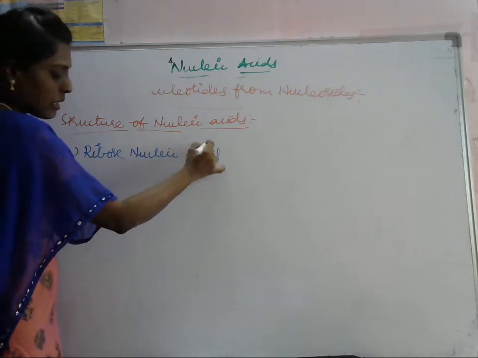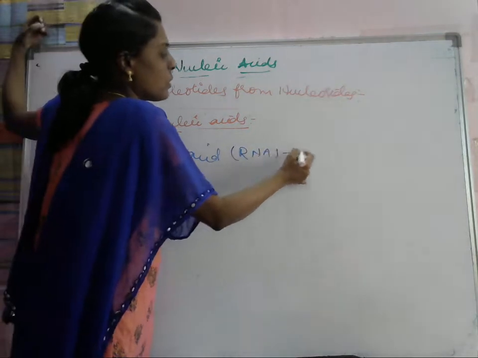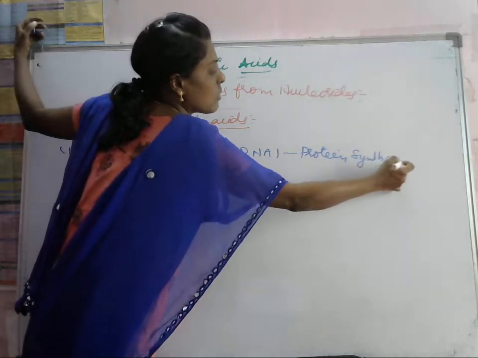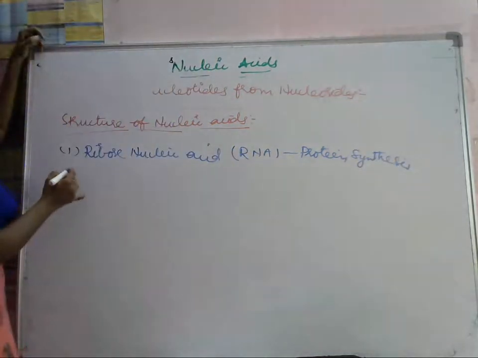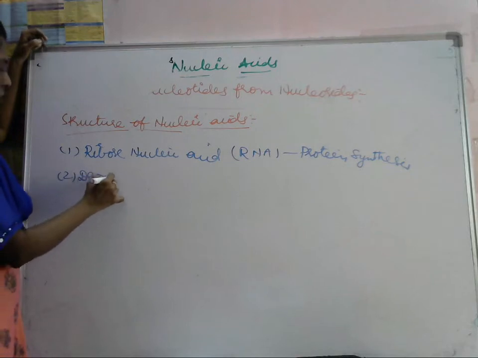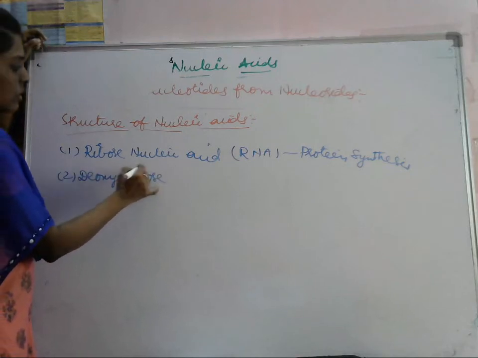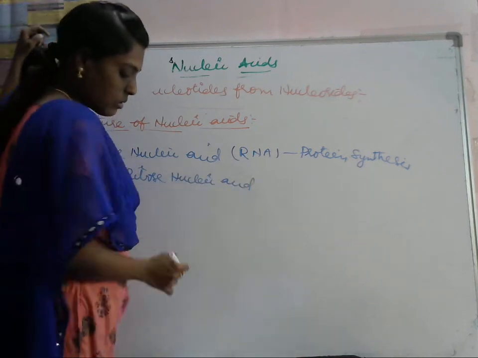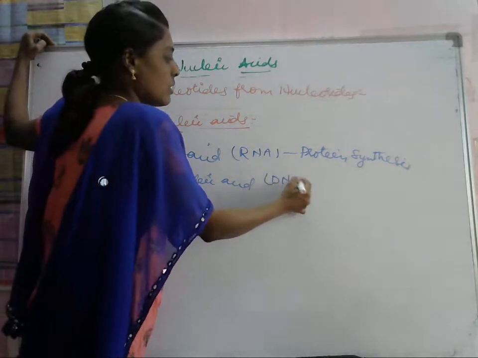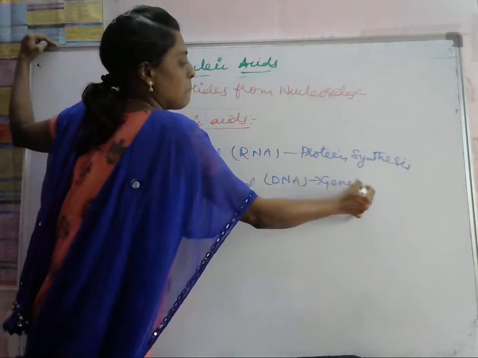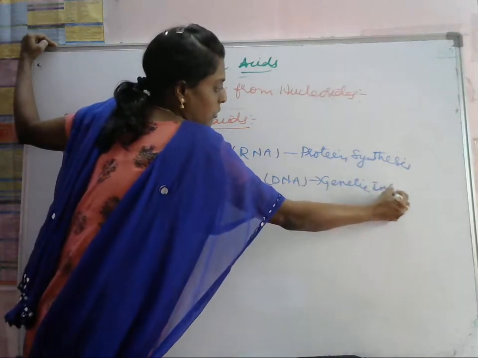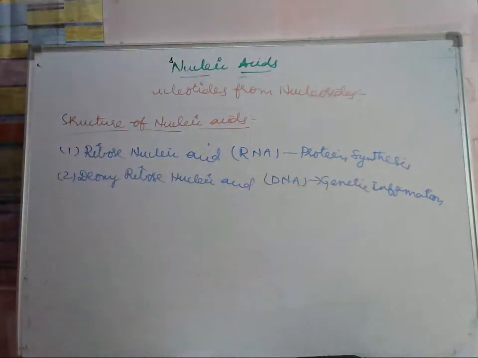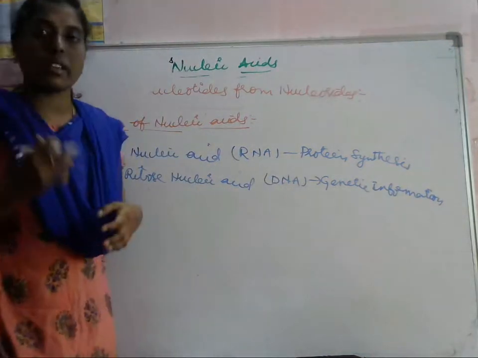This is RNA, which is used for protein synthesis. Next one, deoxyribose nucleic acids, so DNA. This is the genetic information, meaning genetic information is transferred from one generation to another generation.